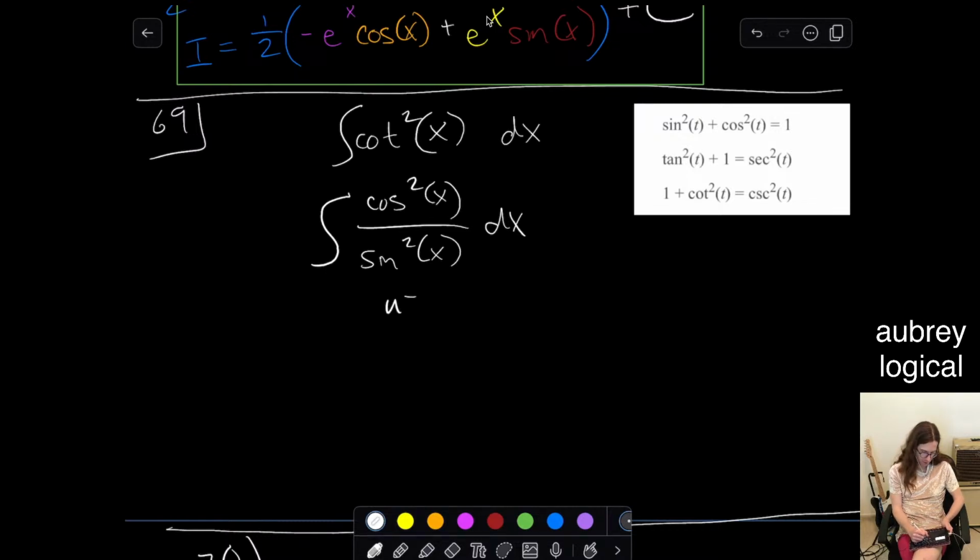So if we pick u as sine of x, then u prime would be cosine of x.